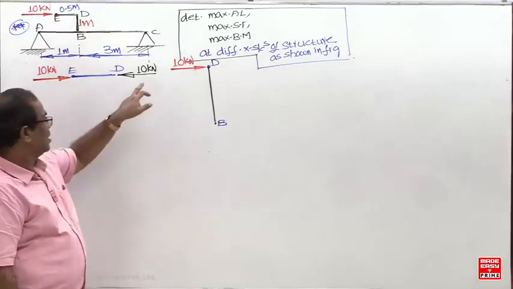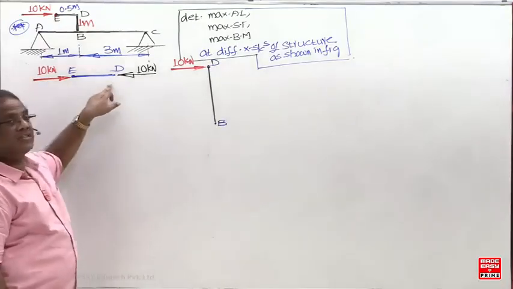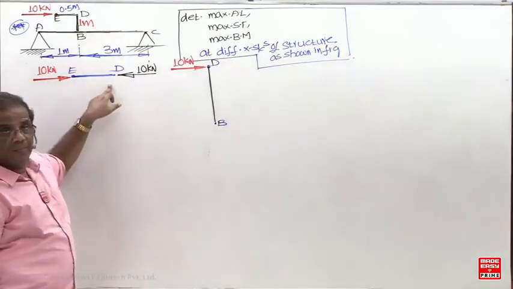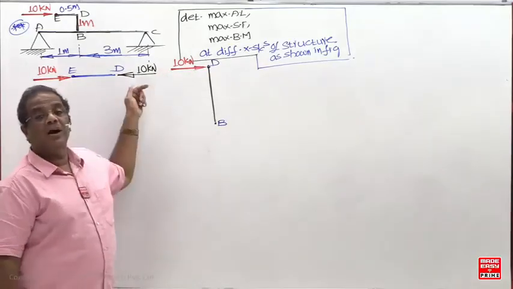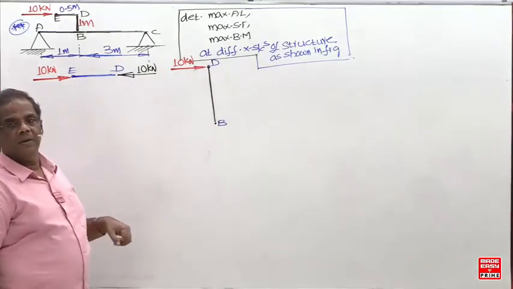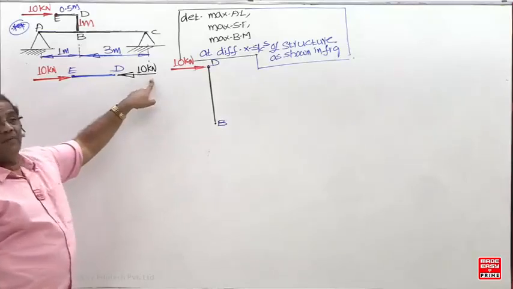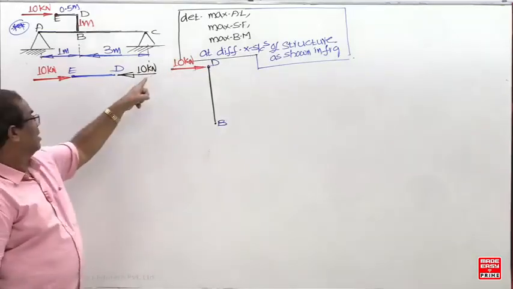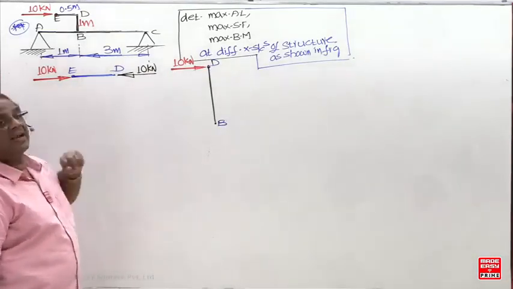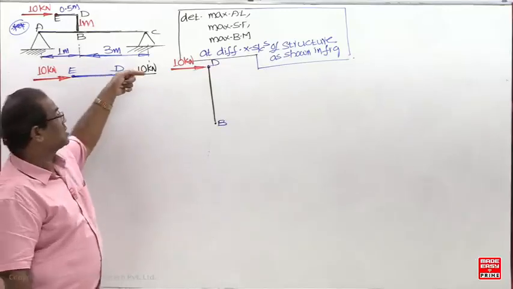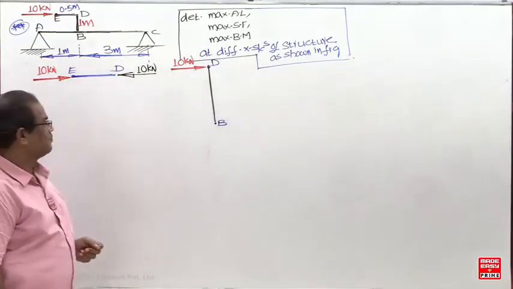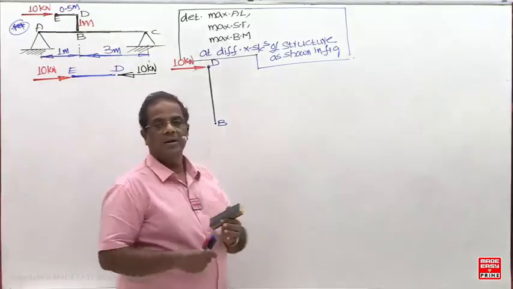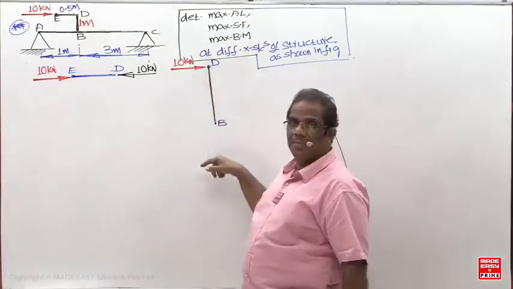Now I can check it. This reaction is acting as which load for this member? Axial compressive load. But this action acting for this member is about now? Constant point load. The reaction provided by the BD member for DE becomes the axial compressive load. But the action of DE onto this member is about now? Constant point load.